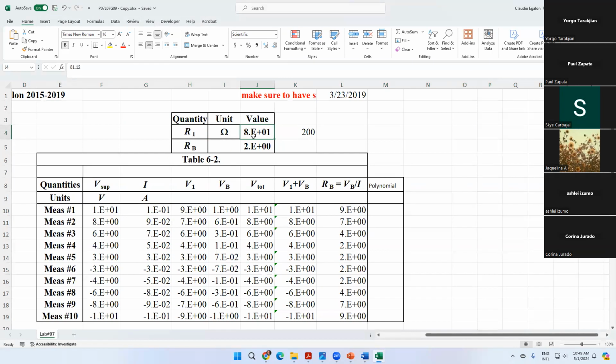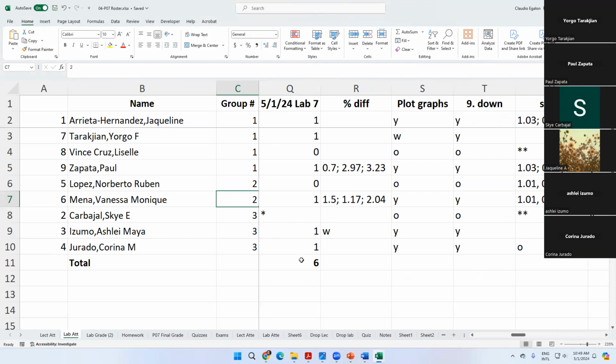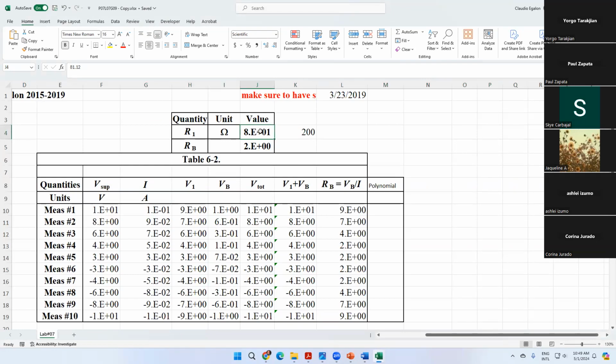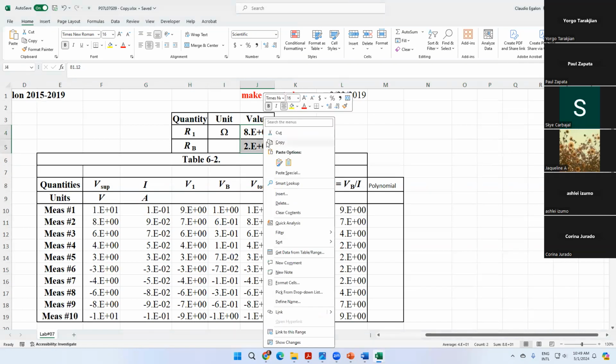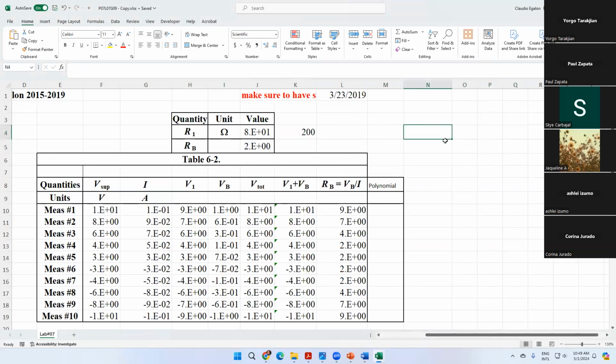The value is right in here: 81.12. There's a reason why we use this resistor here, and I'm gonna tell you very soon. So for this specific case, I measured the resistance of the resistor with the multimeter, and I got this value. Don't forget to put that with the proper number of significant figures and with the proper format as well.